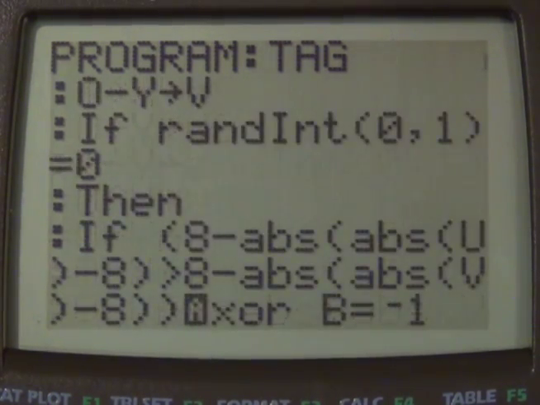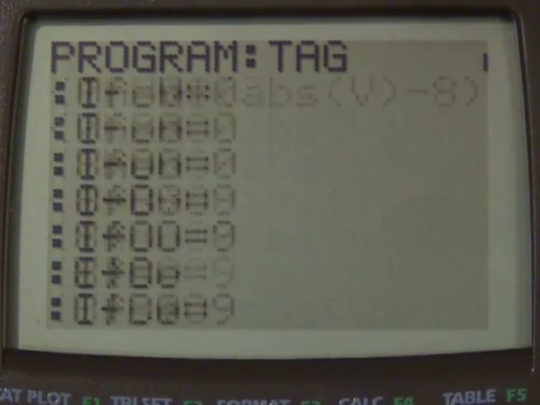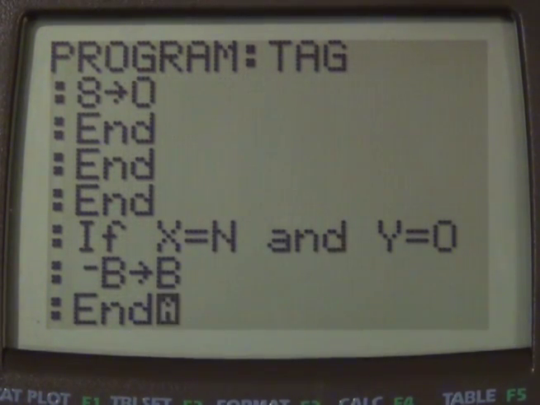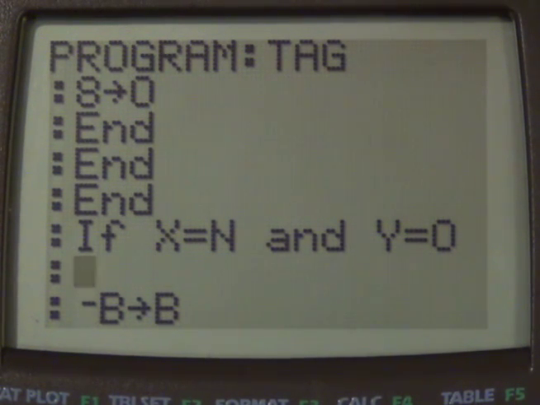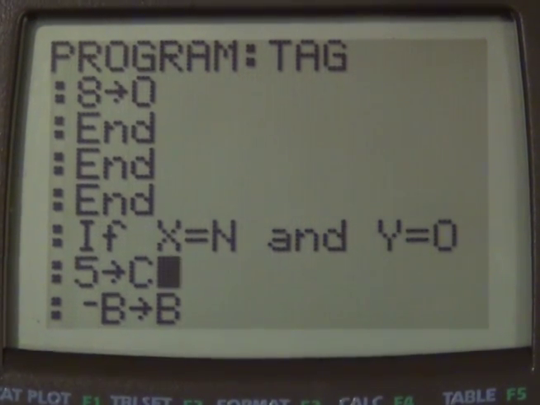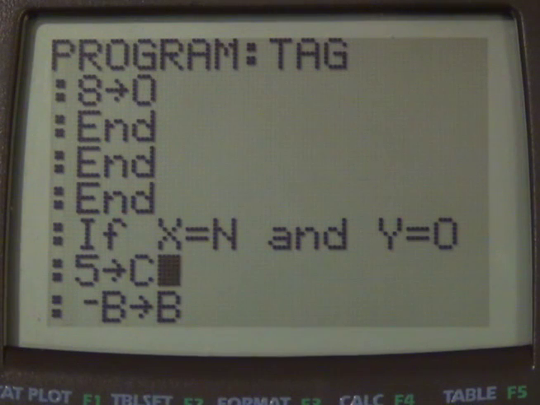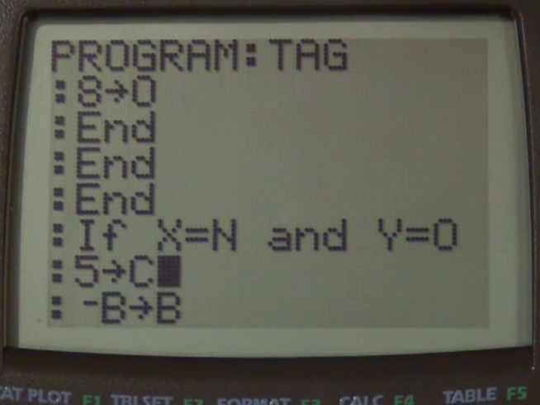And what we're going to do is come down here, and when we check for when we're touching each other, instead of negating B, we're going to set C to 5. That way the timeout kind of changes.